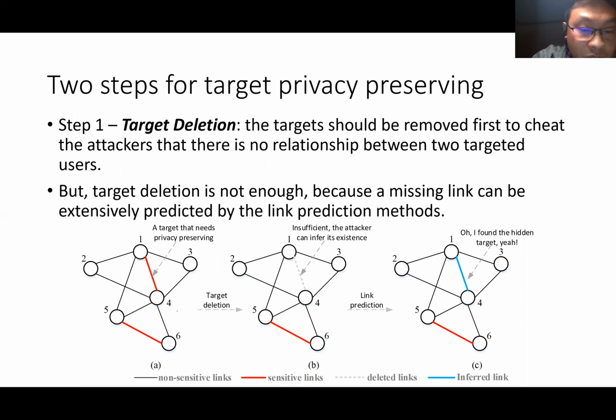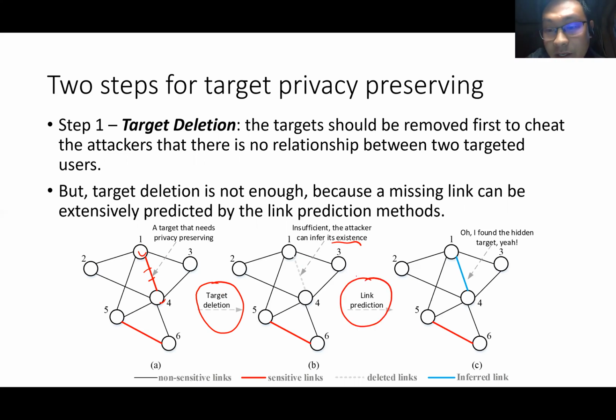Let me show an example. In this example, we assume we want to protect the privacy between node 1 and 4. If we use the target deletion, the target link between 1 and 4 is deleted first, but this is insufficient because the attacker may infer its existence, such as by using link prediction.